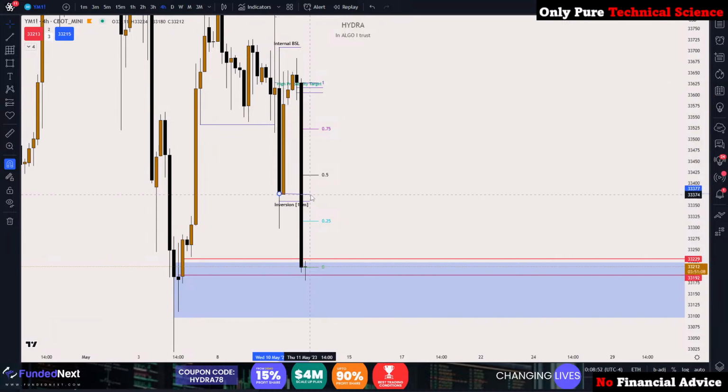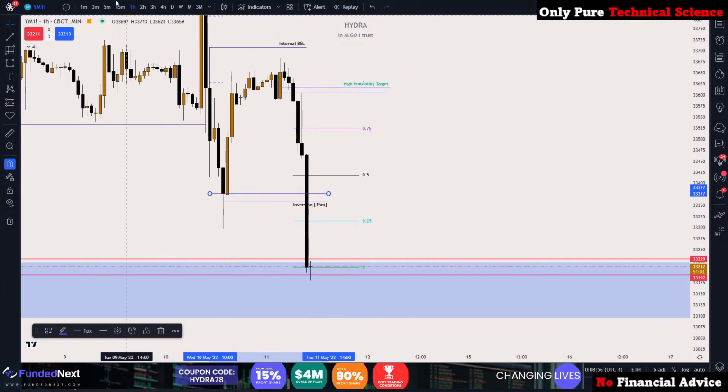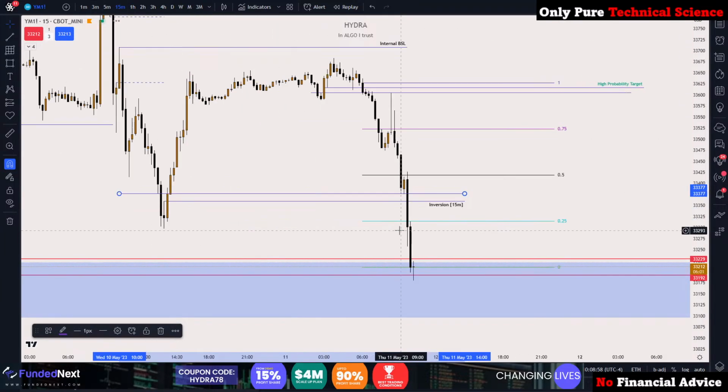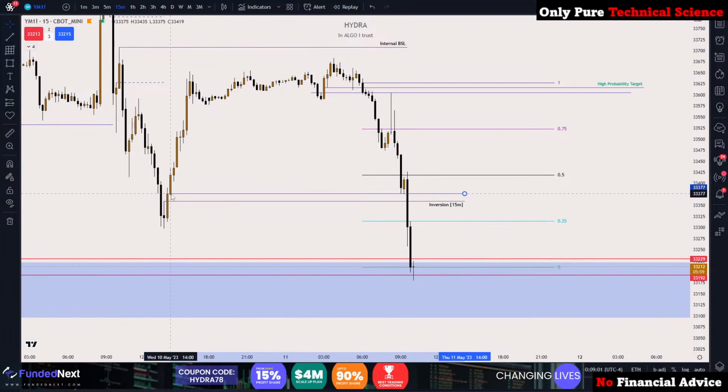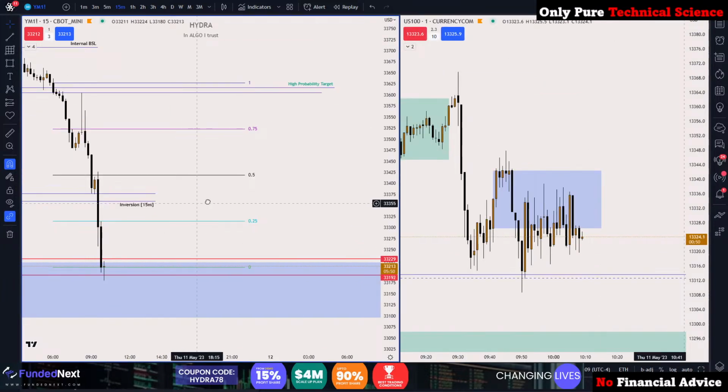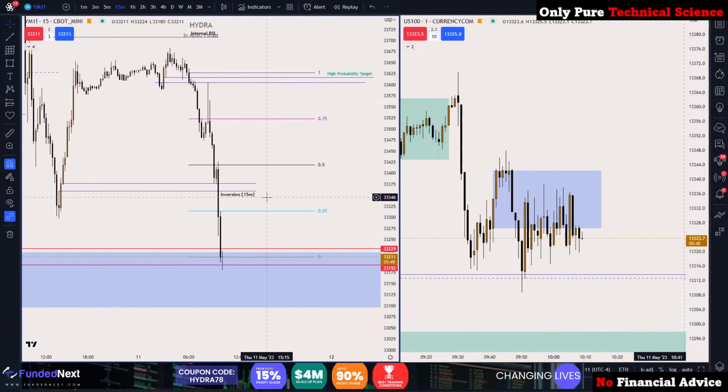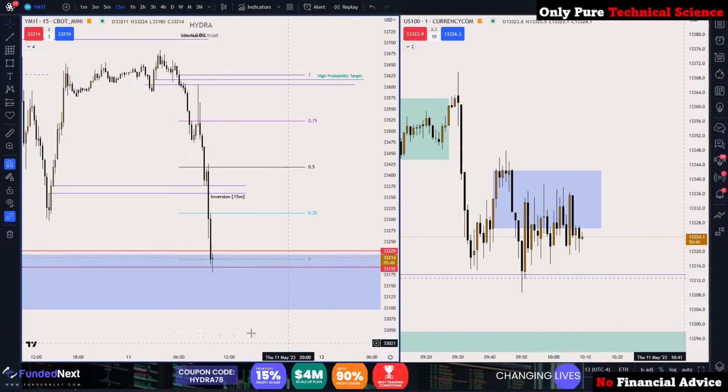That's what we can target. So let's wait for a setup now. I found the target, this inversion from the 15-minute chart. This blue shaded box that you see, that's our breaker block, by the way.